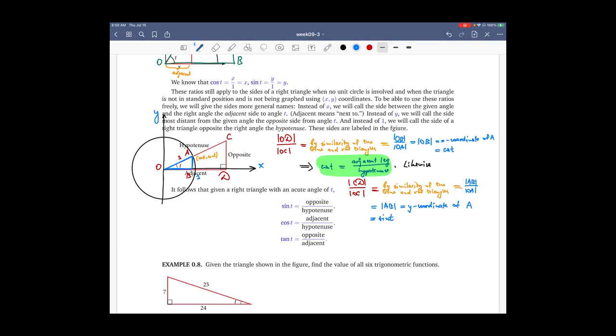So again, we get the important result that in an arbitrary right triangle, we can now forget about the unit circle and the axes.